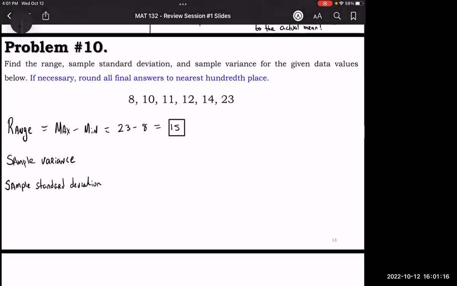For your sample variance, we denote it as S squared.